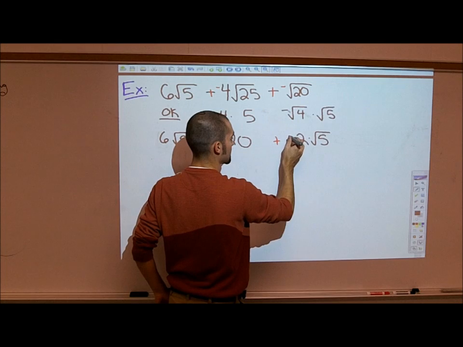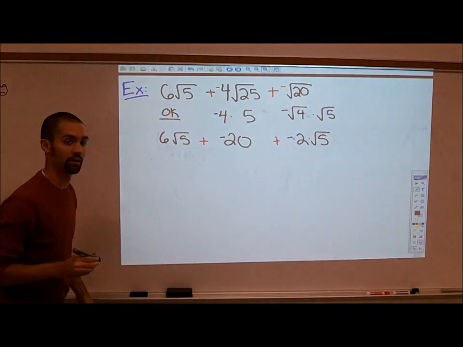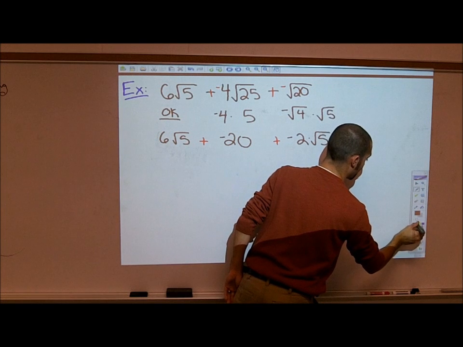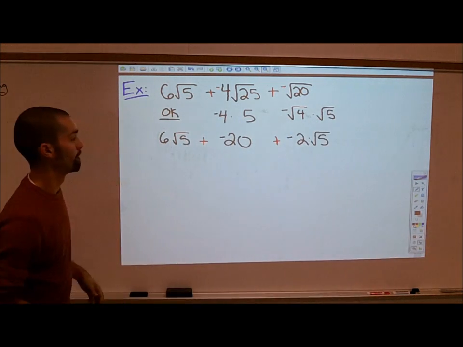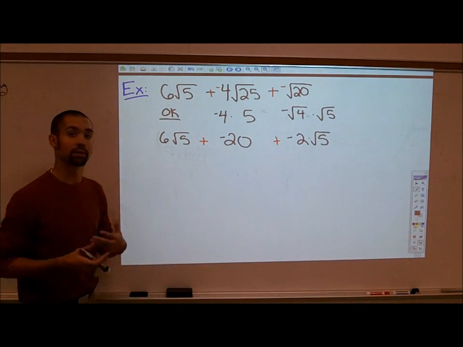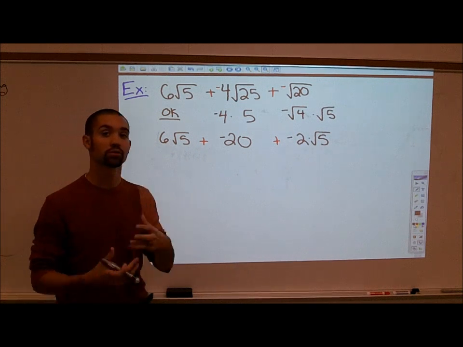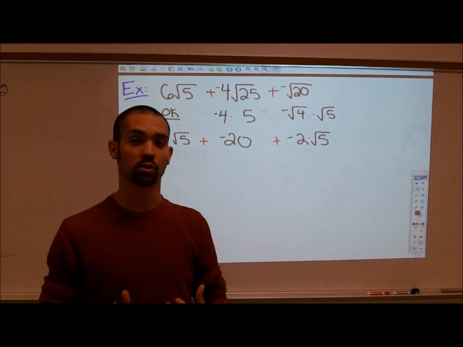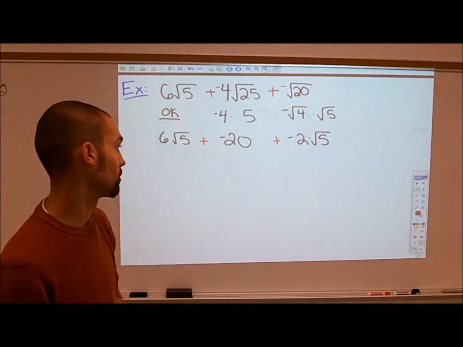Negative, that makes this a negative 2 times the square root of 5. Okay? Well, what's nice about addition is you can change the order. We've changed this to an addition, so now we can change the order. Subtraction, you can't change the order.